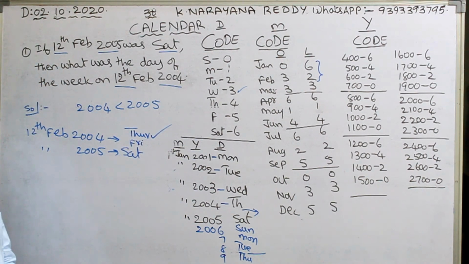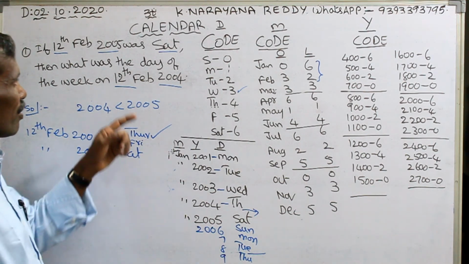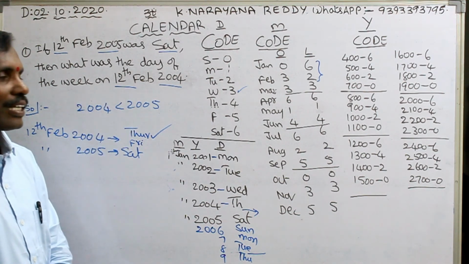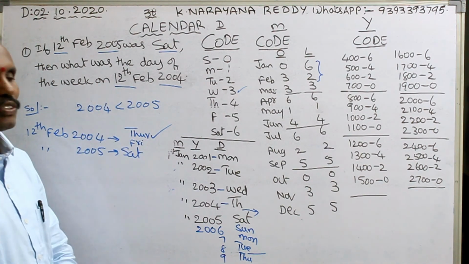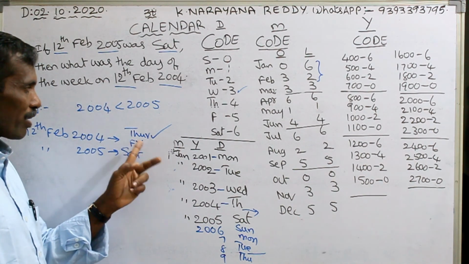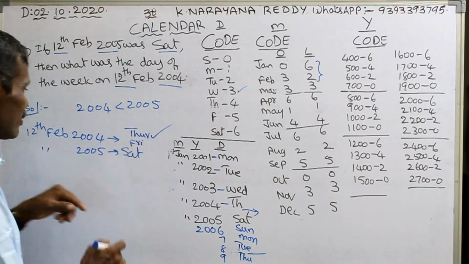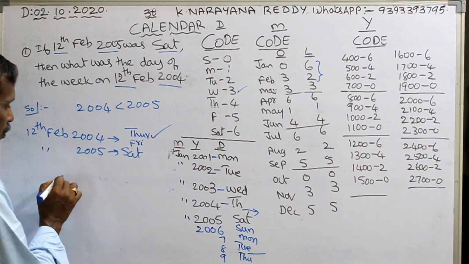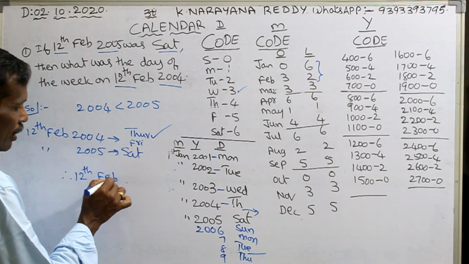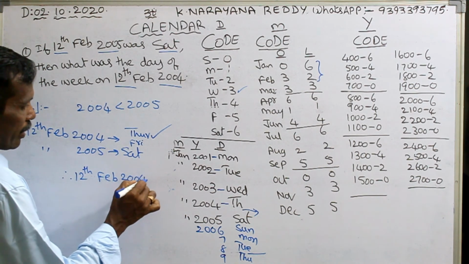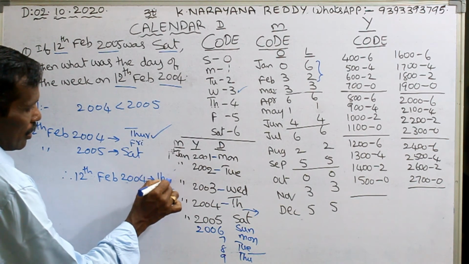Simple logic. Whenever Feb is not included, at that time you can take only 1 odd day. But here Feb is there. That is why we are taking 2 odd days. We are leaving Friday and taking Thursday. That is the answer, Thursday. Therefore, 12th Feb 2004 is Thursday. That's all.